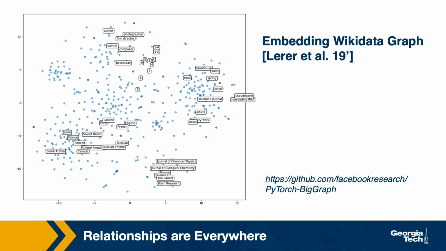And the structures that we want to represent may go even higher level than that. We may want to represent all concepts in the world. This shows a dataset called Wikidata, which has elements such as people and places and occupations and so on, and maybe even has information about relationships, such as a person can be an author. And we may want to learn feature vector representations for each node in this.